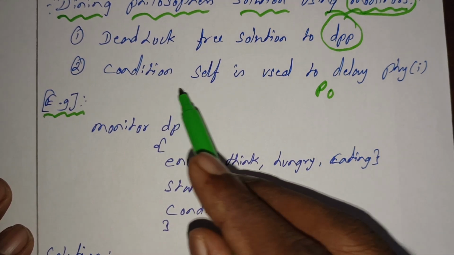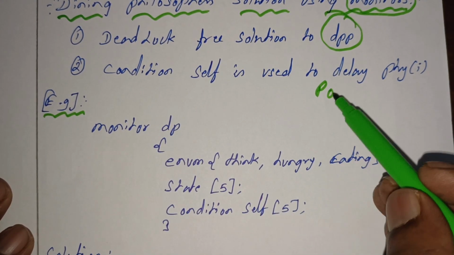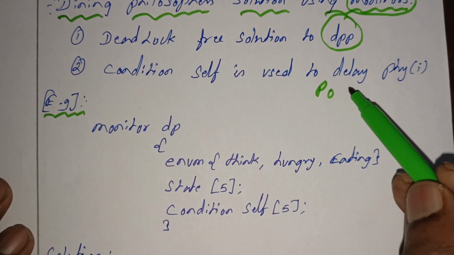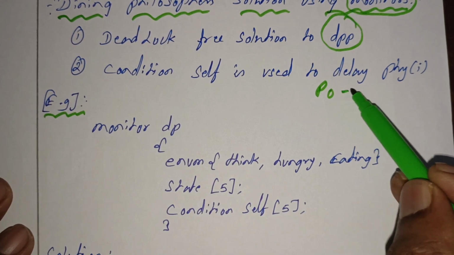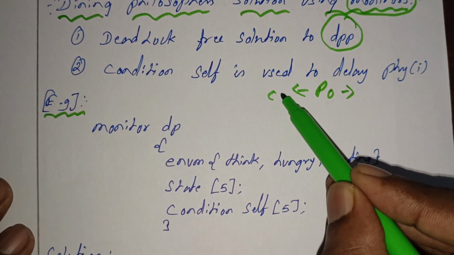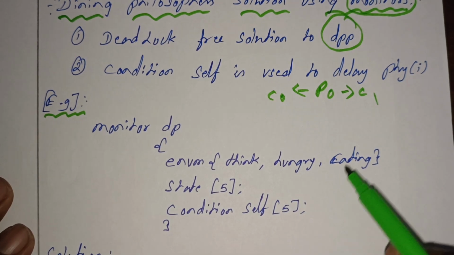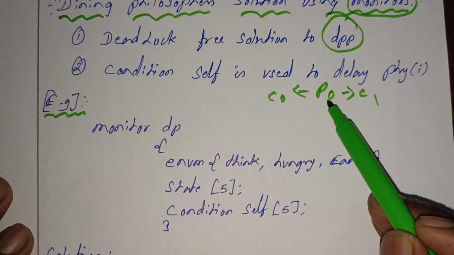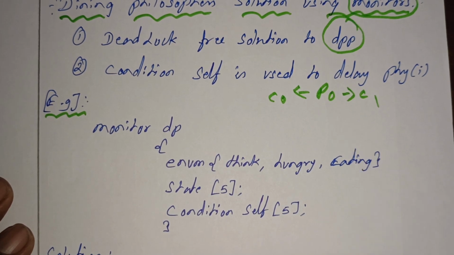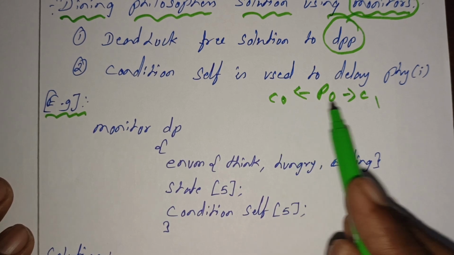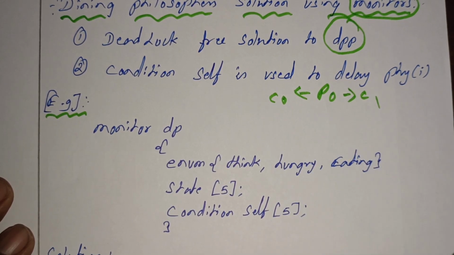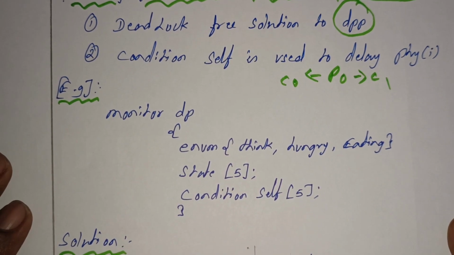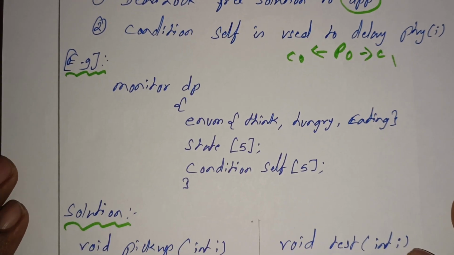What the self condition will do is, if P0, that is philosopher 0, is hungry but unable to obtain chopstick number 0 or chopstick number 1, the condition self will delay this philosopher. Whenever he is hungry, it will delay the philosopher when the adjacent chopsticks are not available. Let's see how this procedure, the theoretical way of understanding, is practically applied.